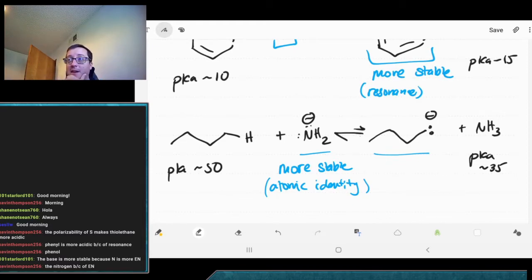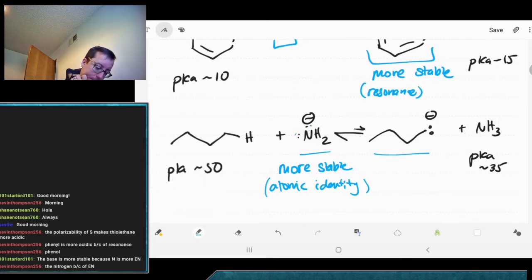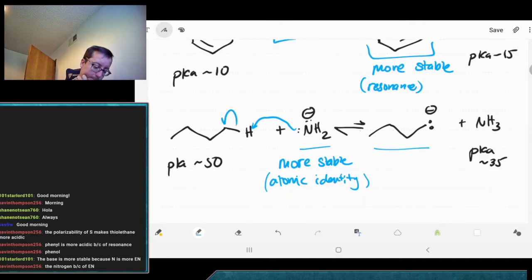If we were to draw a mechanism, by the way, remember, we're always going to start our arrows at a lone pair. That's how we get to the negative charge on the carbon. We've just plucked off that hydrogen, and now we have the extra hydrogen on the ammonia instead. That's the mechanism. That's what we mean by mechanism.